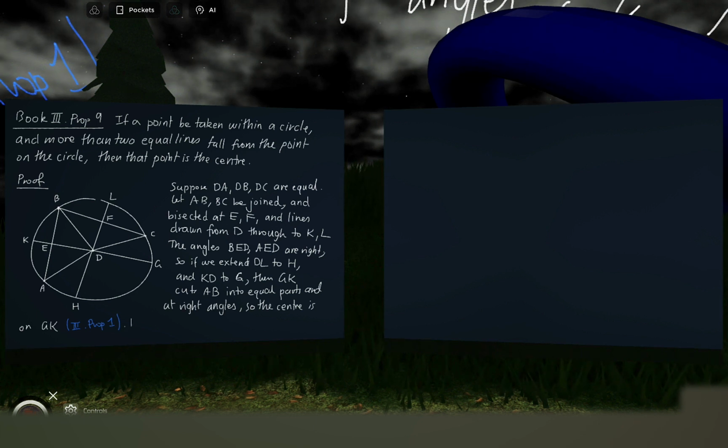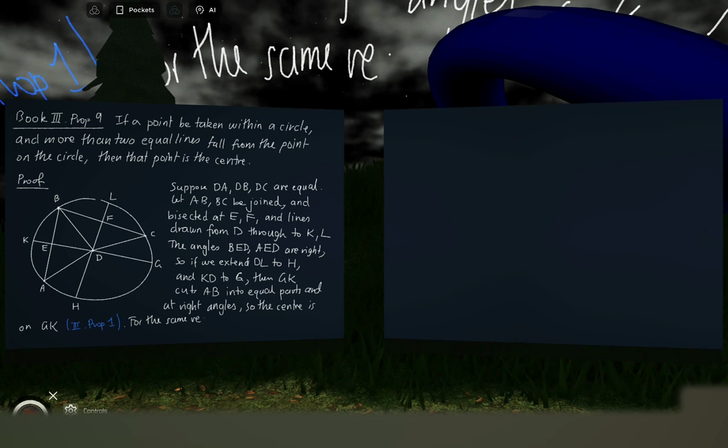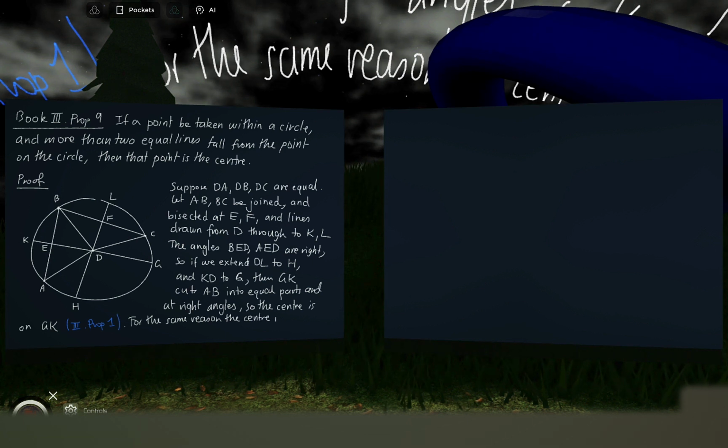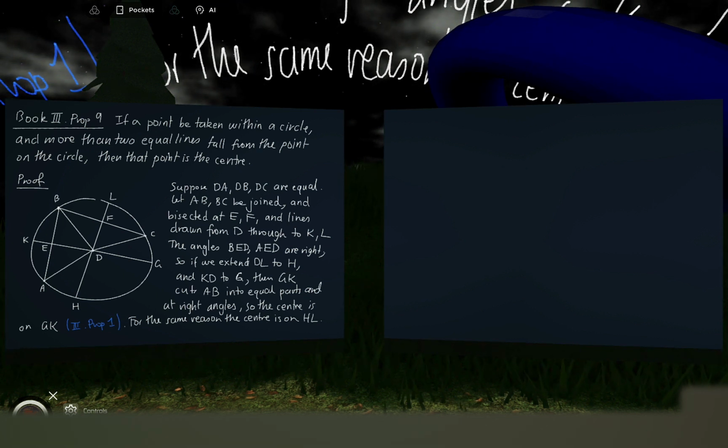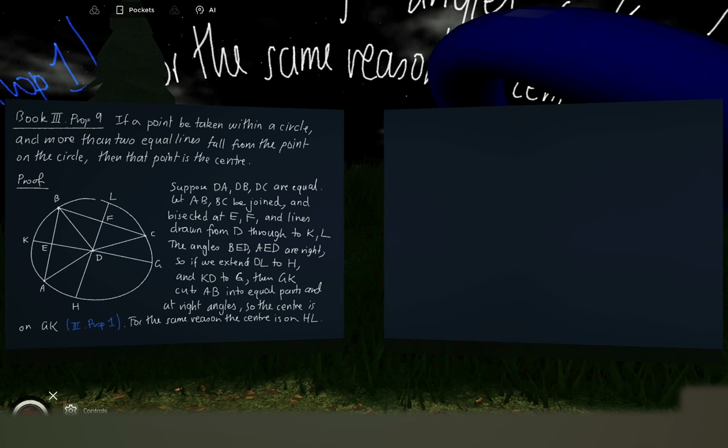For the same reason, the center is on HL. So we have two distinct straight lines. Why are they distinct? Because A, B, and C are distinct points. So you can easily argue from that K and L are distinct points, and therefore these lines are distinct.